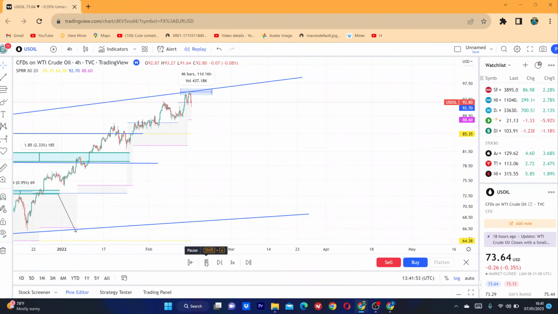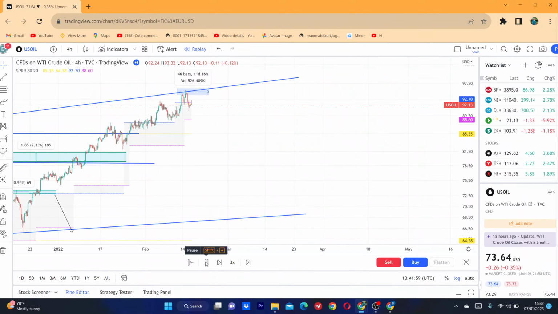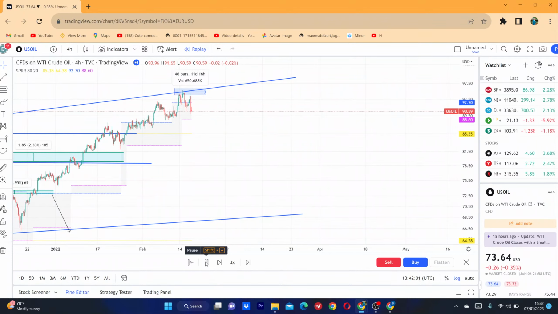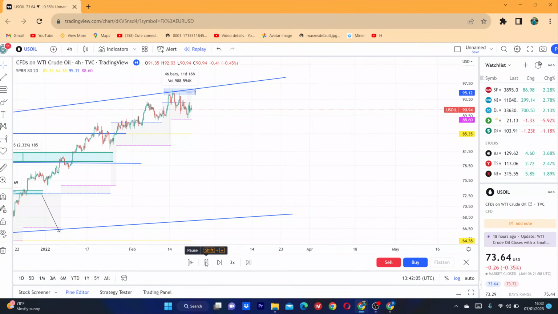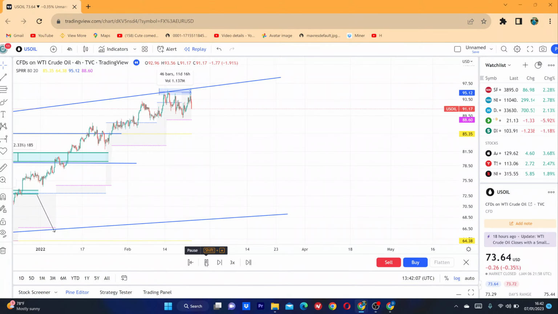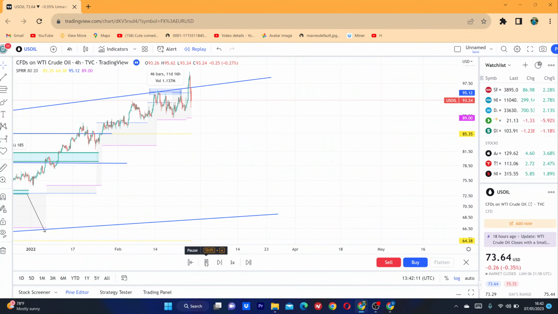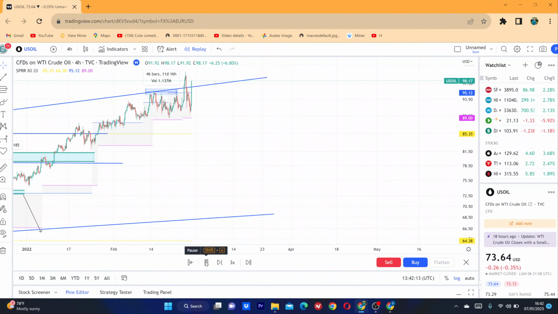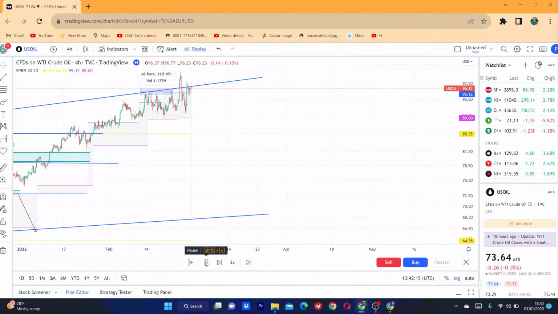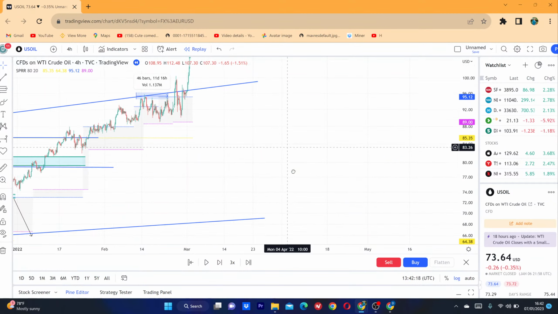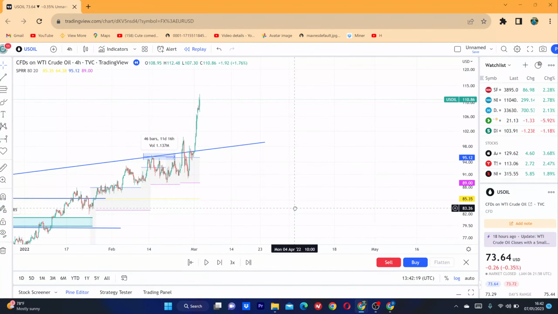Let's see what will happen right over here. We have seen the reversal, we have seen sideways. So what we are seeing over here, you can see this one touched another one, and boom, the market has broken that point.